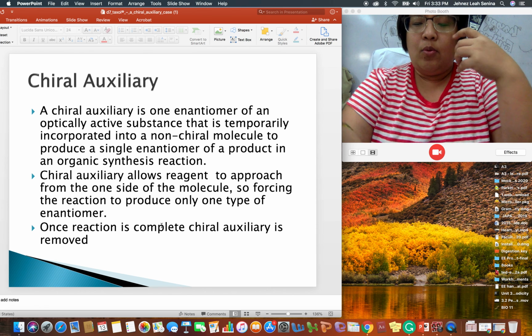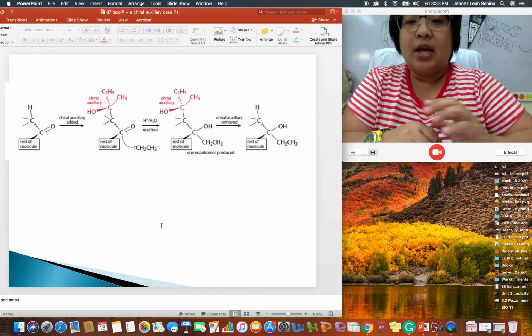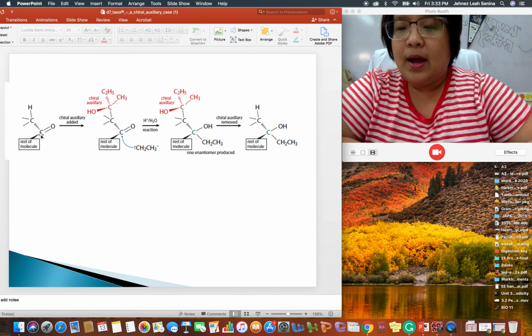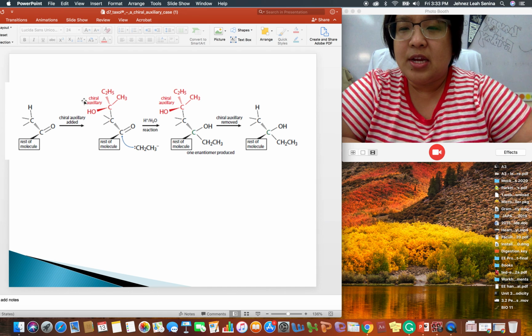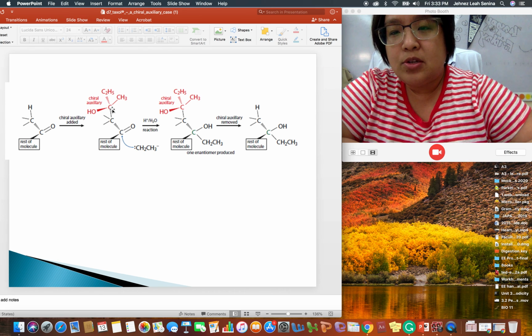Now, once the reaction is complete, you can just remove the chiral auxiliary. Let me explain that with this diagram. So for example, this is your starting molecule, and you want to add a chiral auxiliary here. This is a chiral molecule because the carbon is surrounded by different groups.